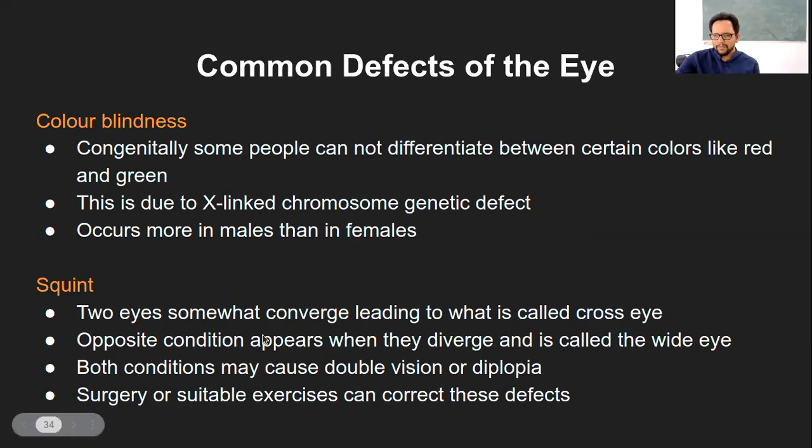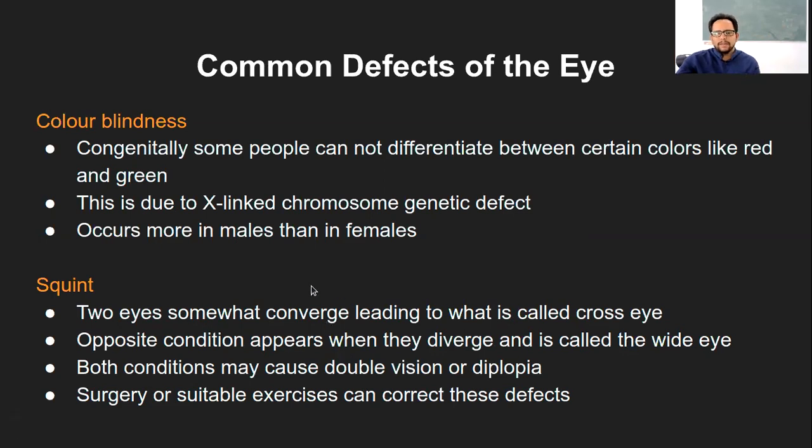Then squint. Now squint, in simpler language, is when a person is looking at one particular point, but the eyeballs are pointing in different directions. The eyeballs are observed to be looking at something else, but the person is looking at some other place. That is called squint.